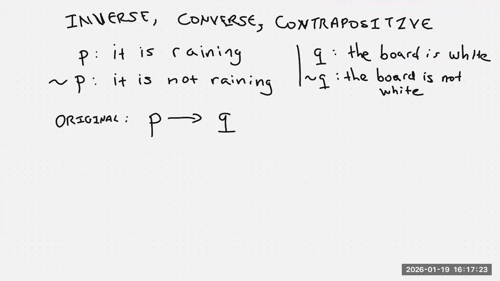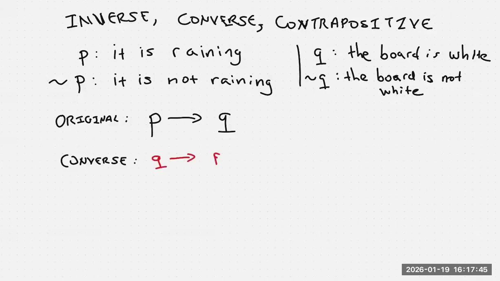The inverse of P implies Q is, sorry, let me start with converse. That one is easier to see. So the converse of P implies Q would be Q implies P.